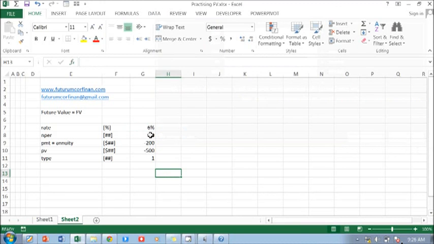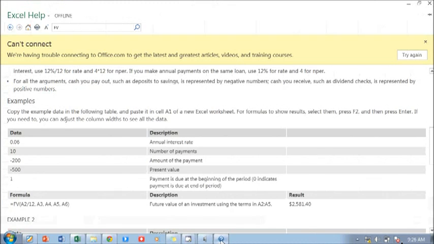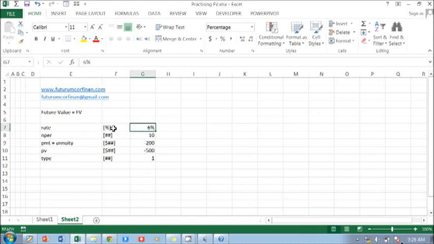Sorry, because this is 10 months, you need to divide by 12. You can see that in Excel, that should be in line. This is 10 months, so this is 1 year, and you divide by 12.